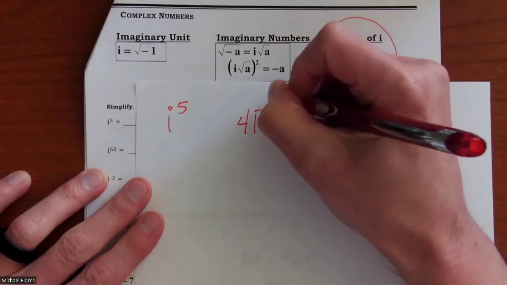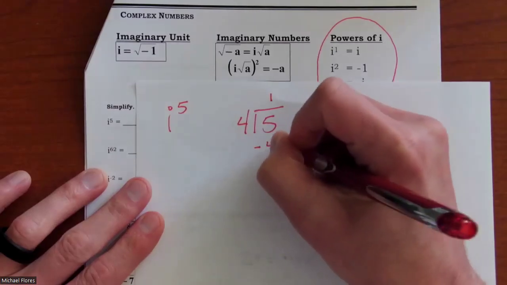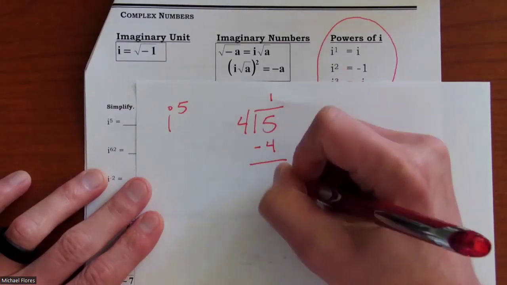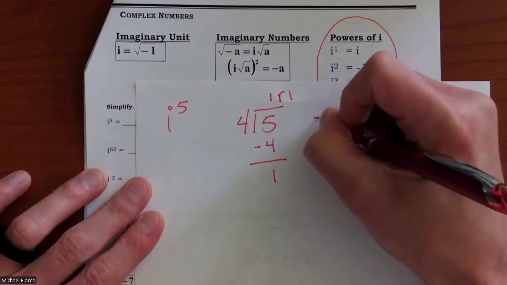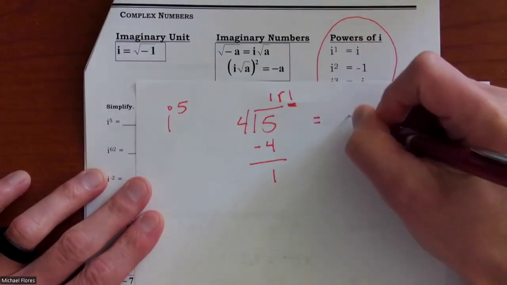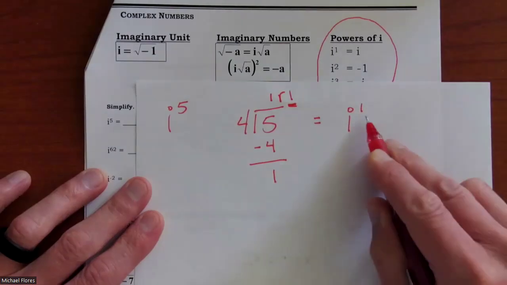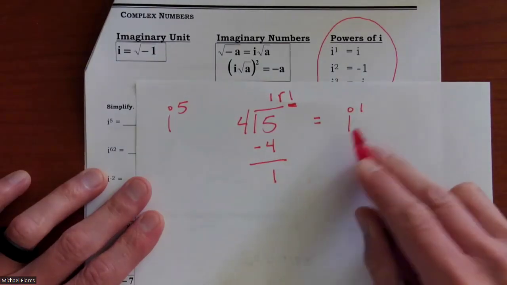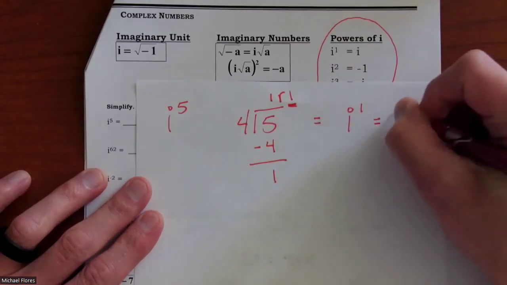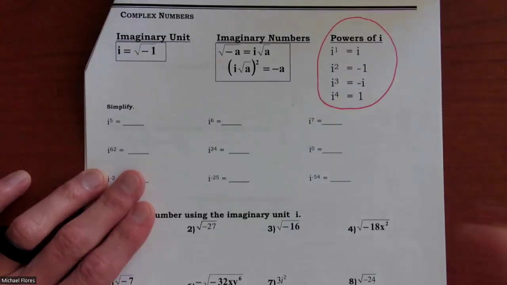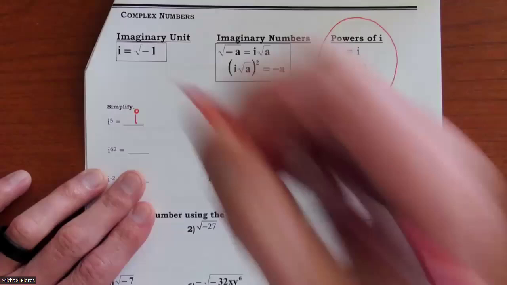Well, 4 goes into 5 one time. 5 minus 4 is 1. So we would have 1 with the remainder of 1. Whatever the remainder is, that's your new exponent. And i to the first power is i. So i to the fifth is the same thing as i.